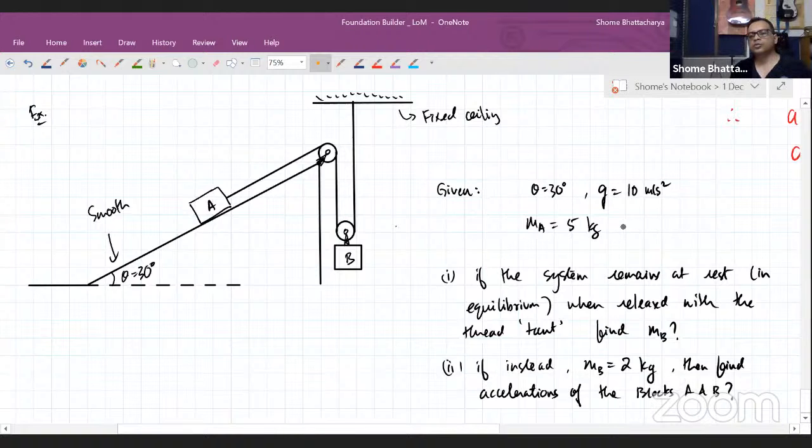Again, both pulleys are massless, smooth and massless. The thread is light and also inextensible.